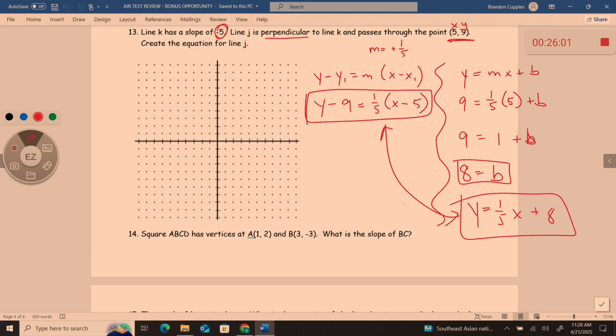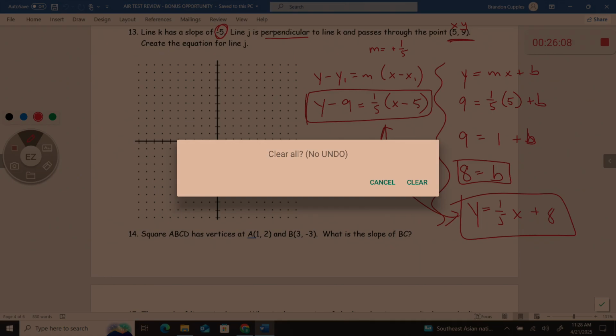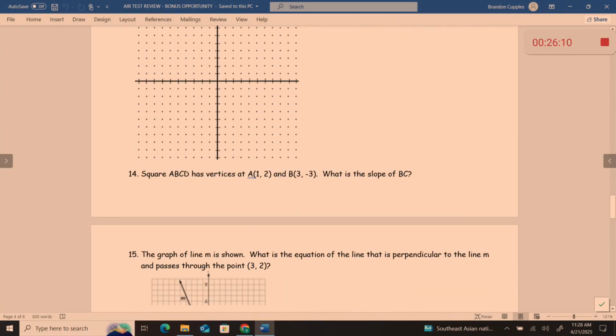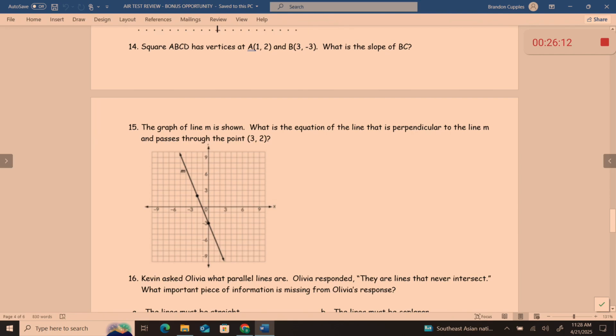The next one talks about a square. Well, what do we know about squares? Well, we have 4 congruent sides and we have 4 right angles, okay? So when we're looking at the slope of AB, you could graph it out on graph paper and then count the rise and run, or you could do your slope formula.